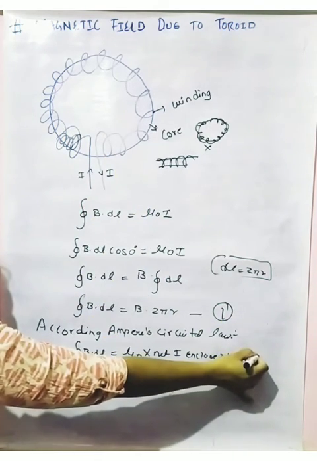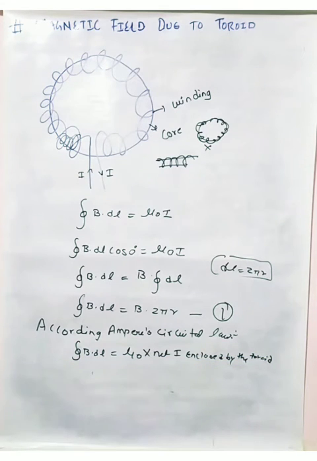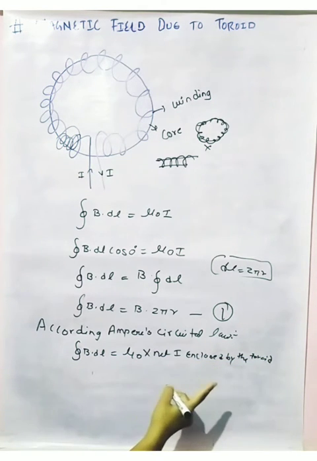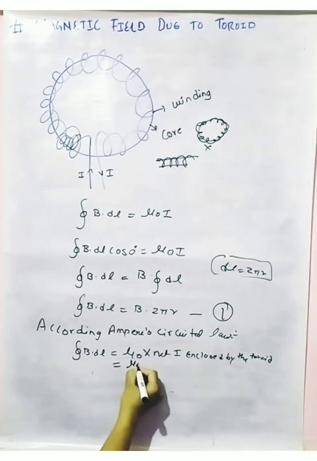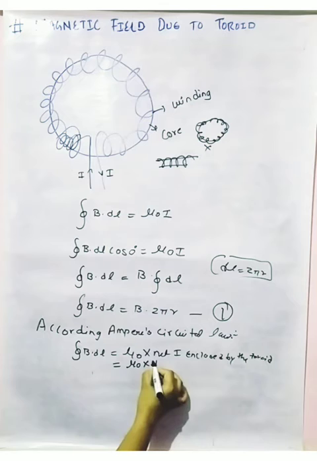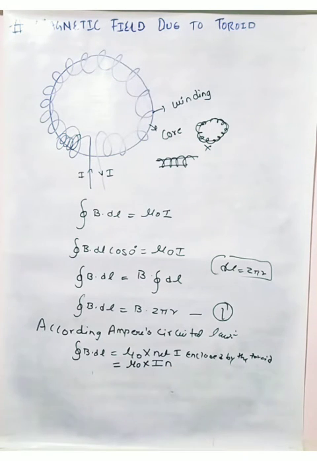Why am I writing toroid here? Because for the toroid this will be mu naught into the current I, multiplied by the number of turns. So this will be equal to mu naught into total turns into current.